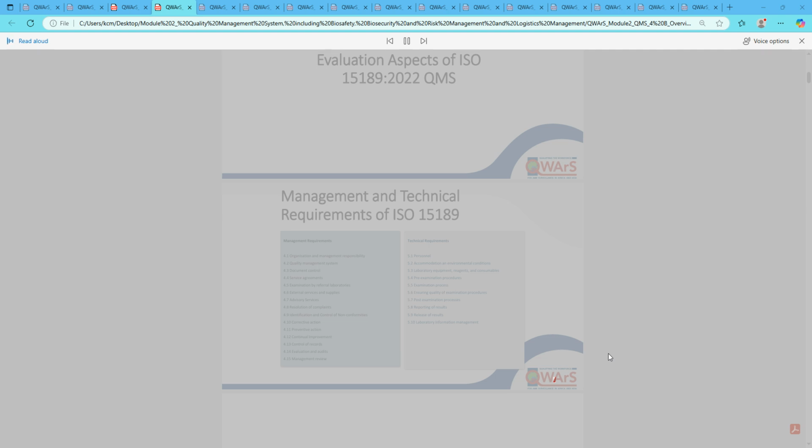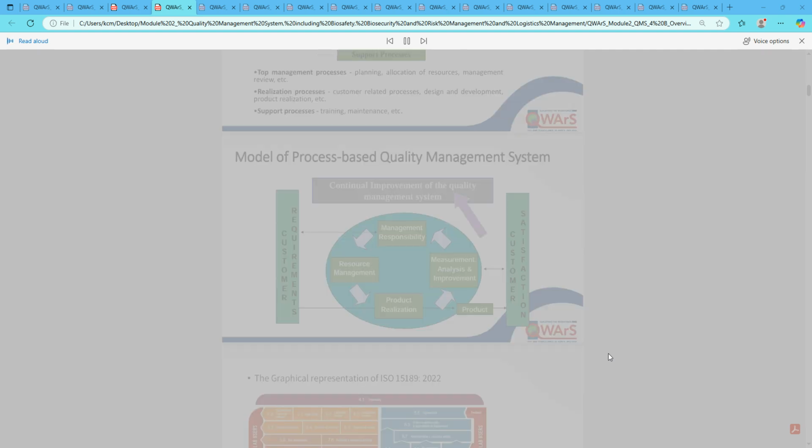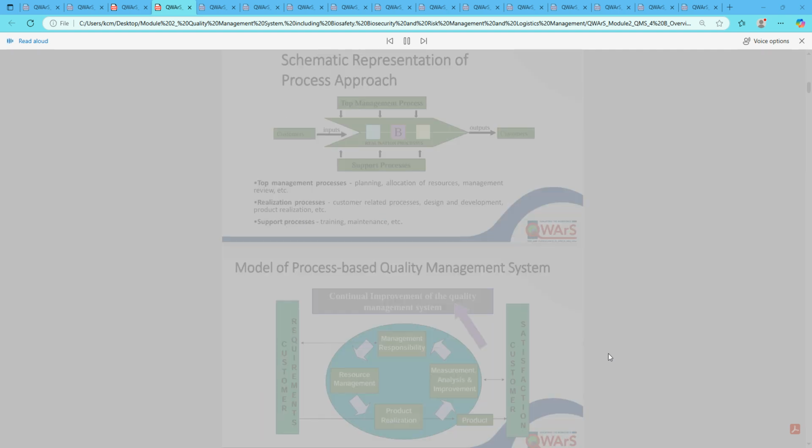Support processes, customers, schematic representation of process, approach, inputs, outputs, top management processes, planning, allocation of resources, management review, etc., realization processes, customer-related processes, design and development, product realization, etc., support processes, training, maintenance, etc. Customers, top management process, realization processes.